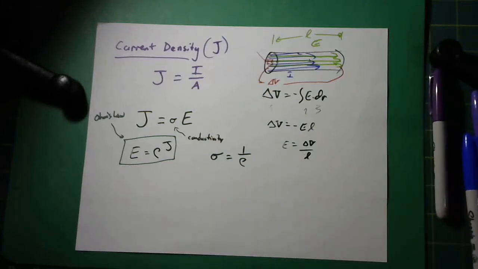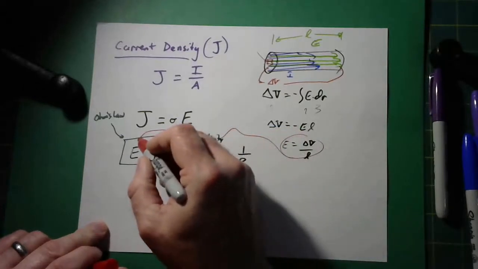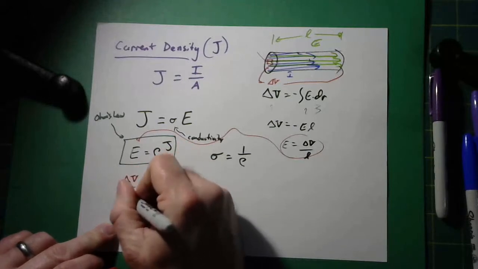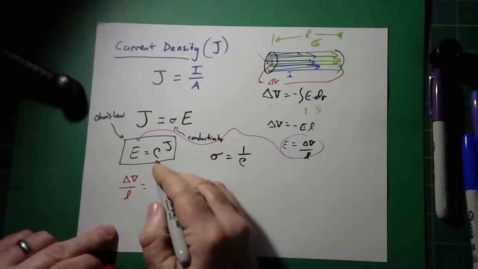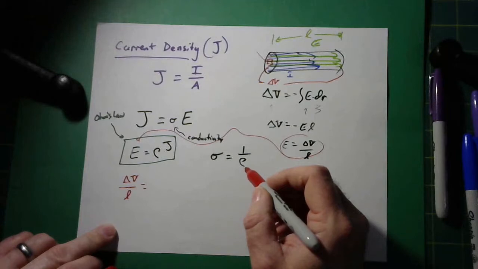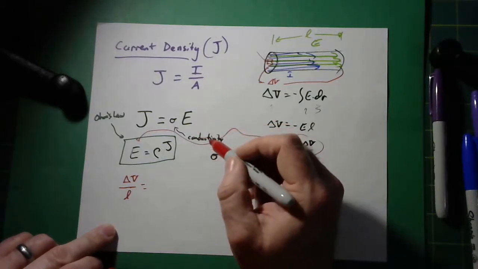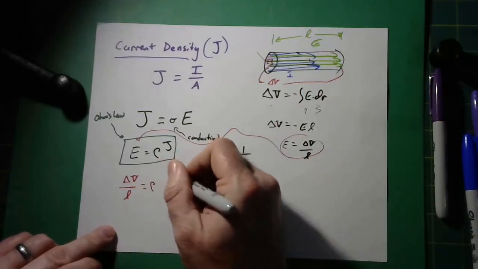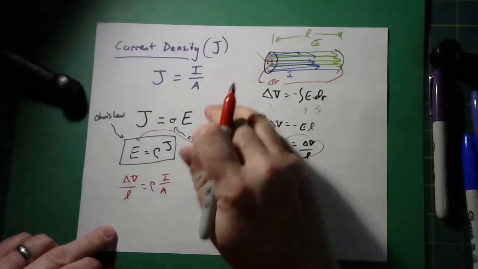If I do that, I get the potential difference, the voltage from one end of the wire to the other, over the length of that wire, right? The rho I'm just going to leave as rho. Why would I mess with that? And J is the current per area. That's my current density.